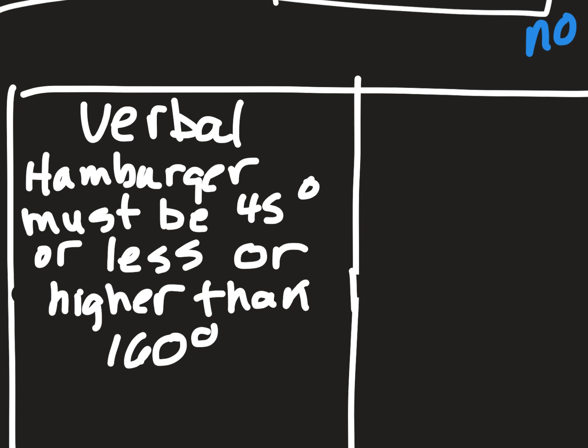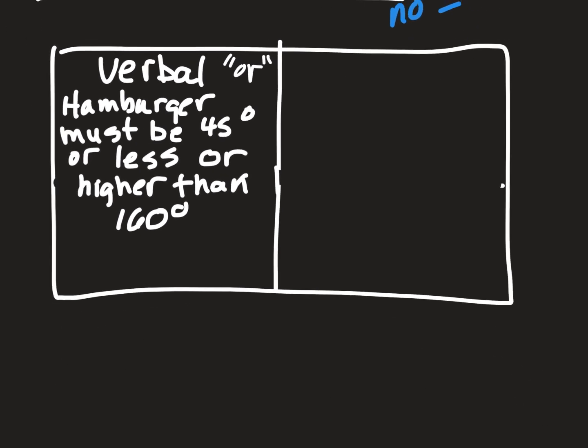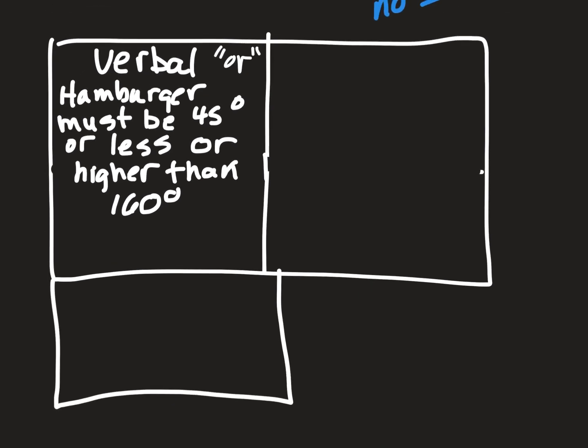This is what we call an or, because you can't be cold and hot at the same time. You can't be lower than 45 degrees and higher than 160 degrees at the same time. So as an inequality, you have to say x is less than, and it says it can be 45 or less, so I'm going to put an equal to sign in there.